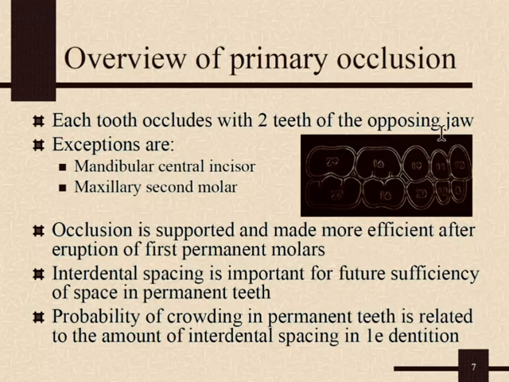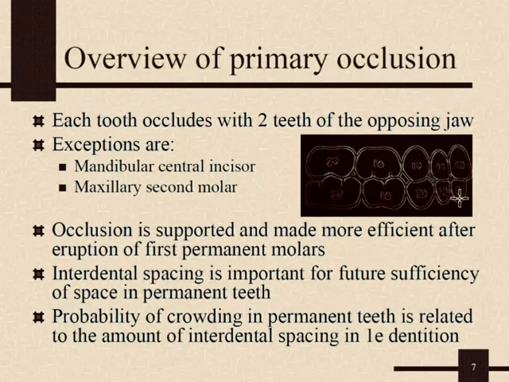We have the mandibular central incisor, which only occludes with the maxillary one alone, and the maxillary second molar, which only occludes with the mandibular second molar, which is called E. Okay, this is E, and this is tooth number A.